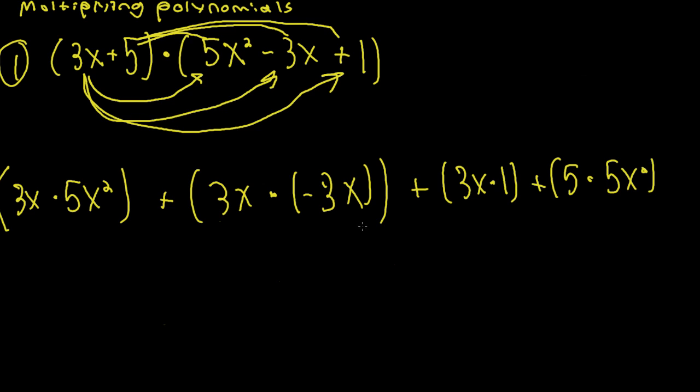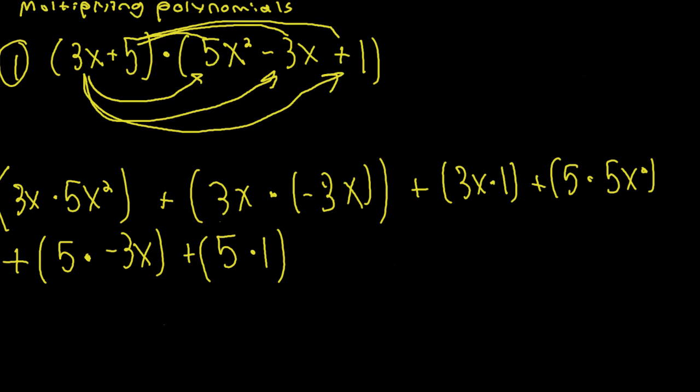I'm just going to continue on the bottom, plus I have 5 times negative 3x. Again, this is times. And then finally 5 times 1.